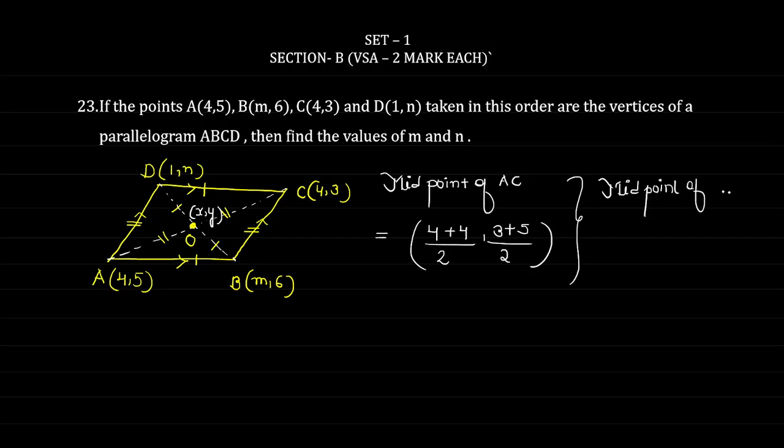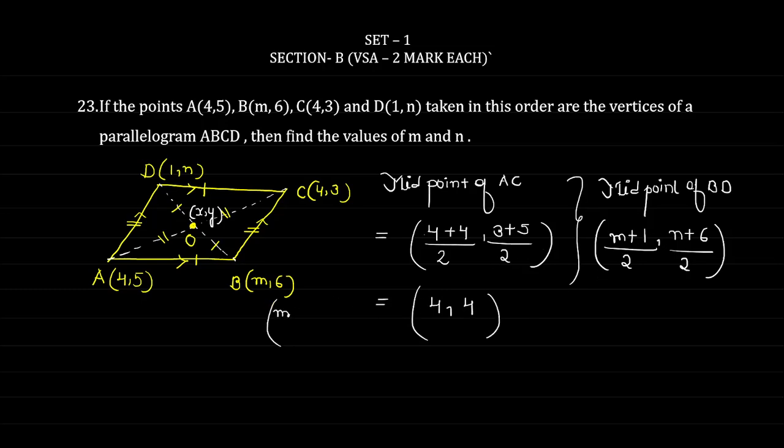That will be m plus 1 divided by 2 comma n plus 6 divided by 2. Because the midpoint is the same, we can equate now. Let's first simplify this. So this will be 8 by 2, that will be 4, and this is 8 by 2 again, so that will be 4. So it's 4 comma 4, and now we can compare this with m plus 1 divided by 2 comma n plus 6 divided by 2.